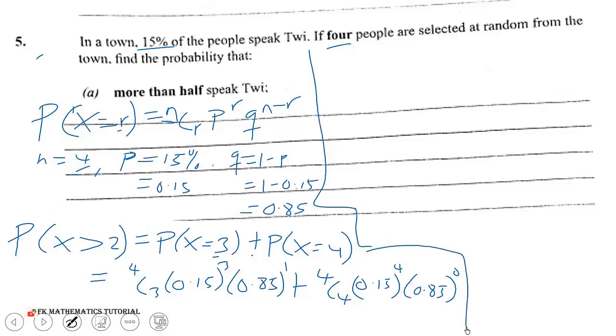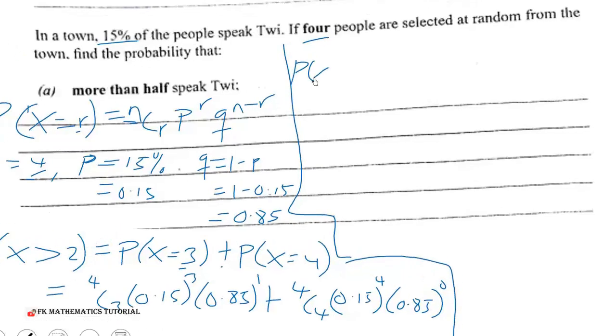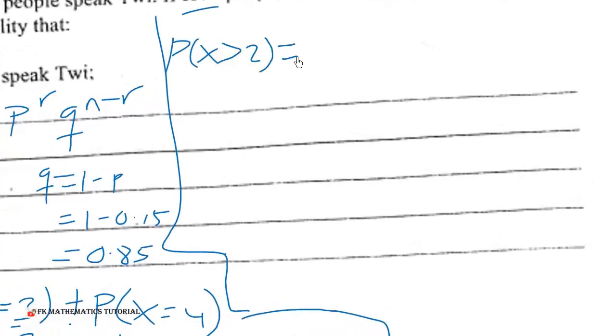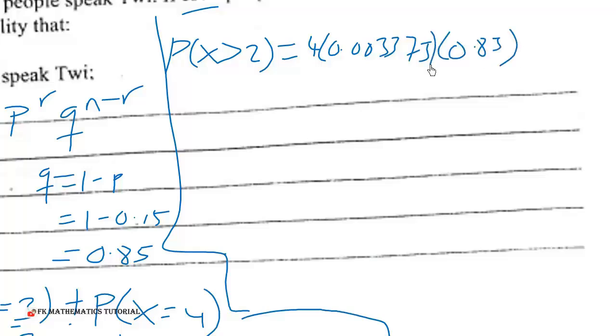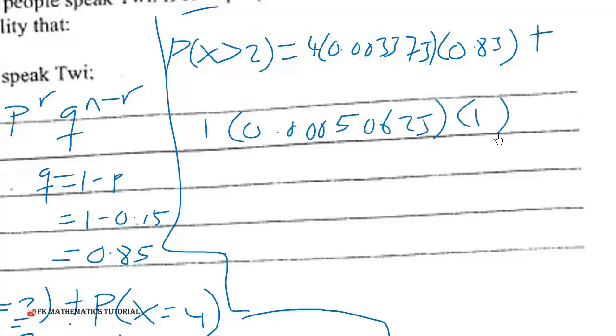We simplify this, we are going to obtain probability of x greater than 2 to be equal to 4 times 0.003375 times 0.85. Then we add it to 1 times 0.00050625, and we multiply it by 1.